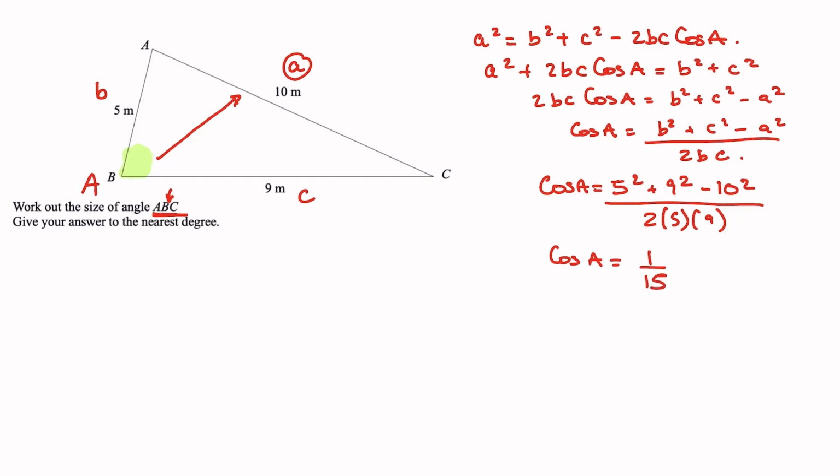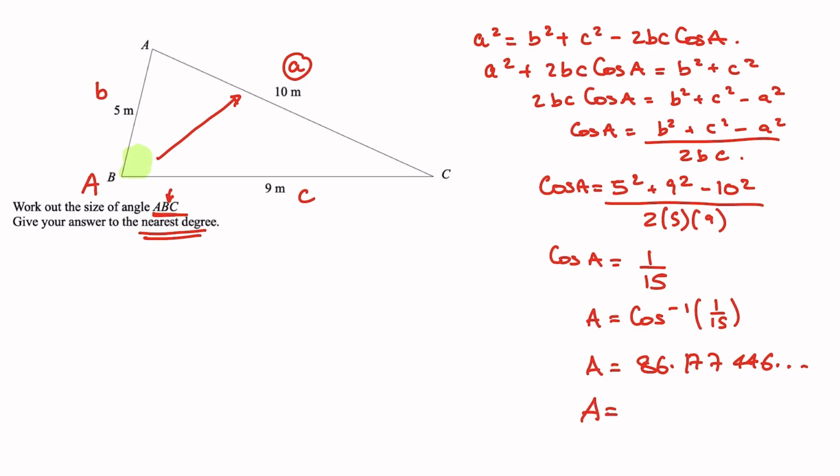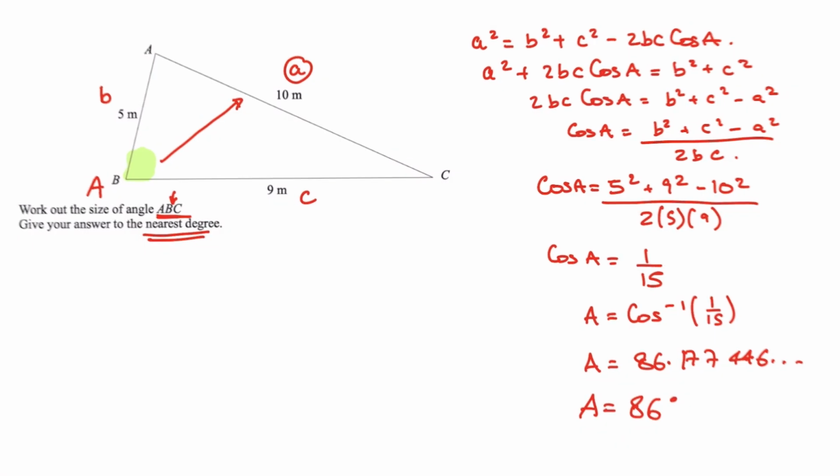From there, if I want to find the value of A, I need to take the inverse of cos, so cos minus 1 of 1 over 15. And the value of A from there is 86.177446... In this case, it is a bit different. They're telling me to provide the answer to the nearest degree, so to the nearest whole number. And from 86.17, the nearest whole number is 86 degrees.